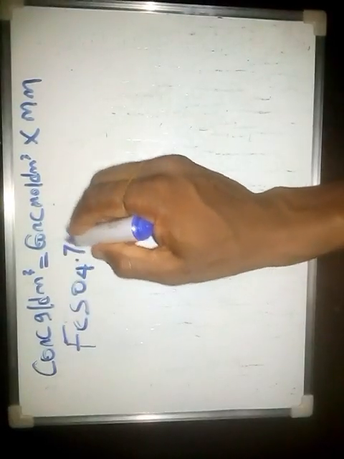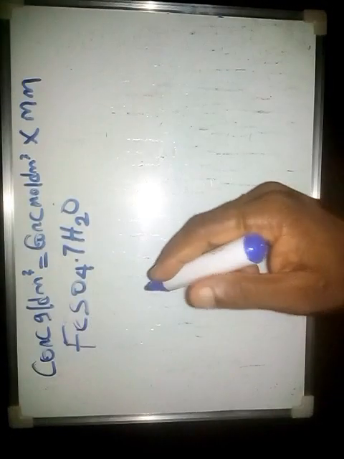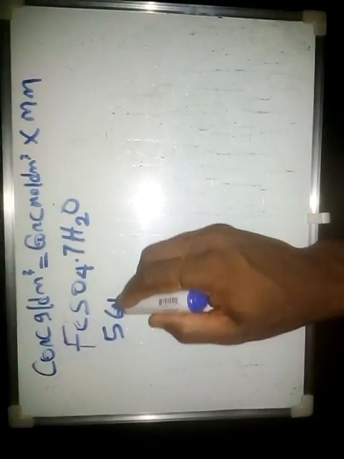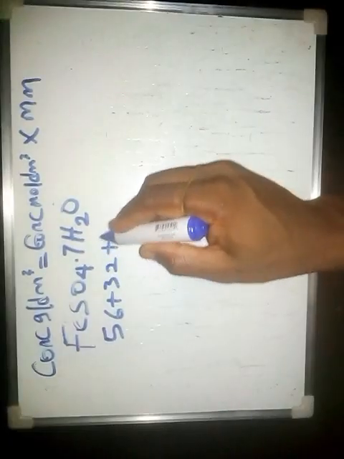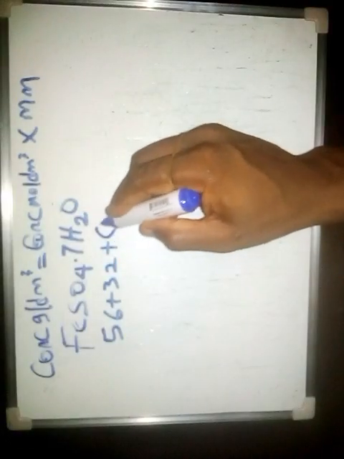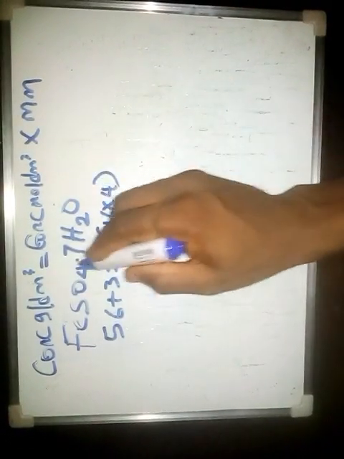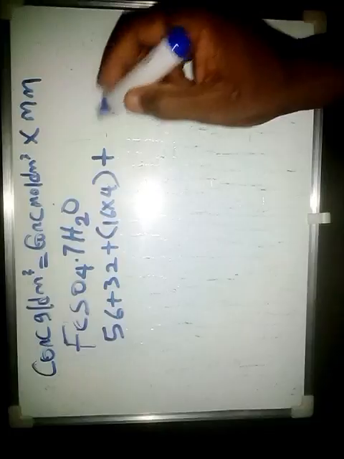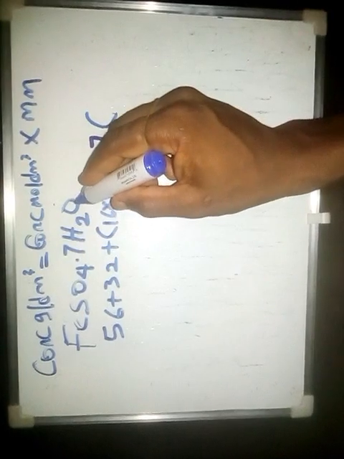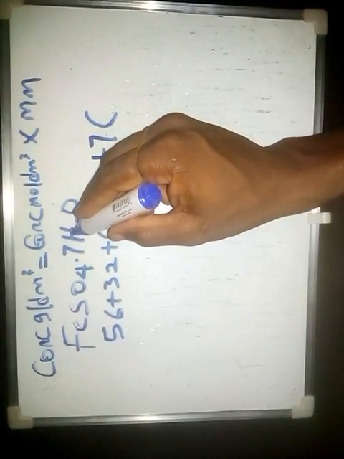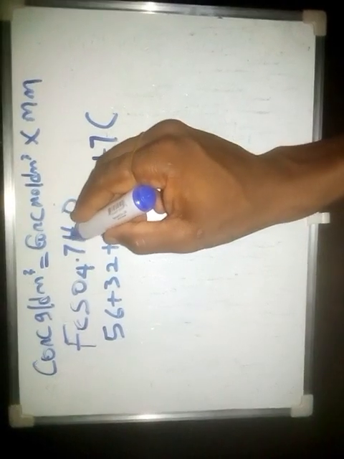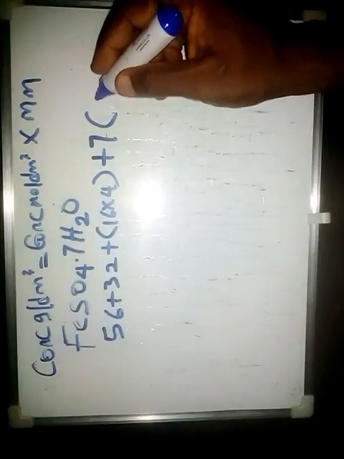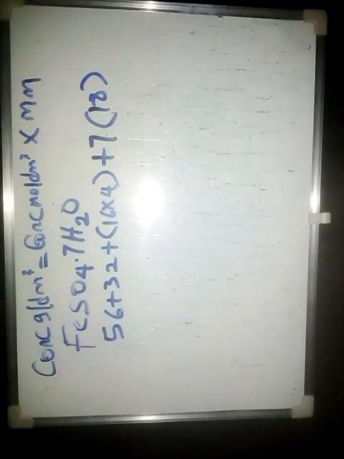FeSO4.7H2O. We are given the values. Fe is 56, that's 56 plus 32 plus O is 16, 16 times 4, that is you are adding everything, plus 7. Remember, this 7 is multiplying everything here, so it's like 7 into O is 16, H is 1, 2 times 1 is 2, 2 plus 16 is 18, that is 7 times 18.